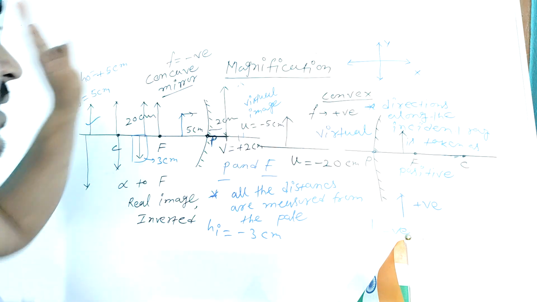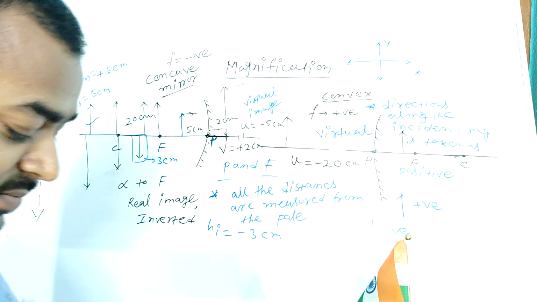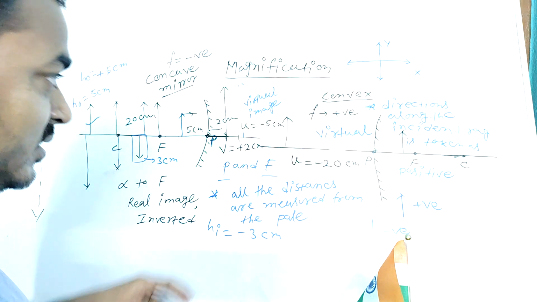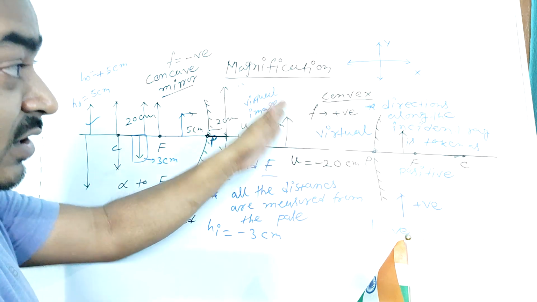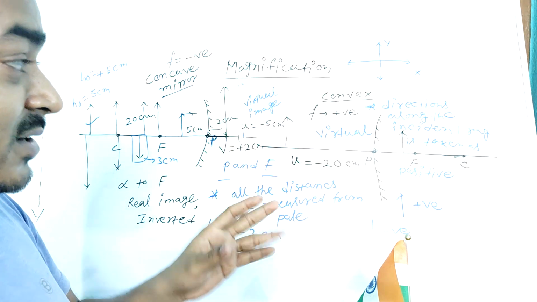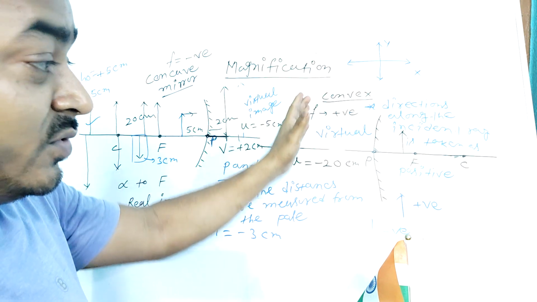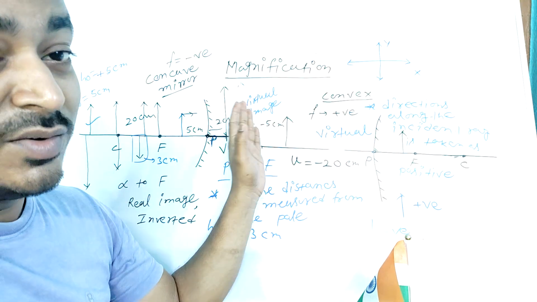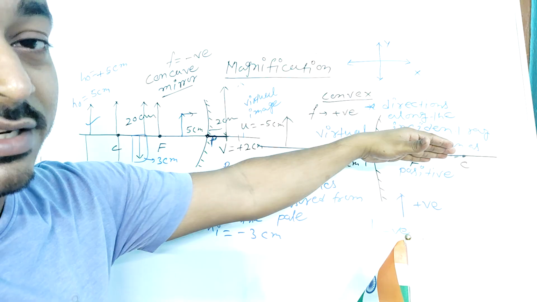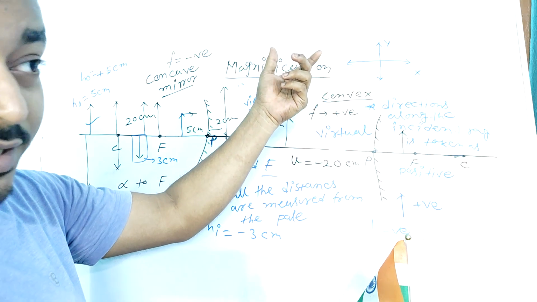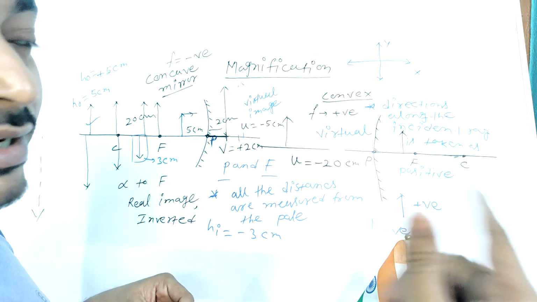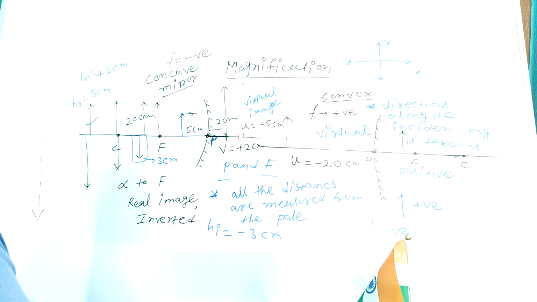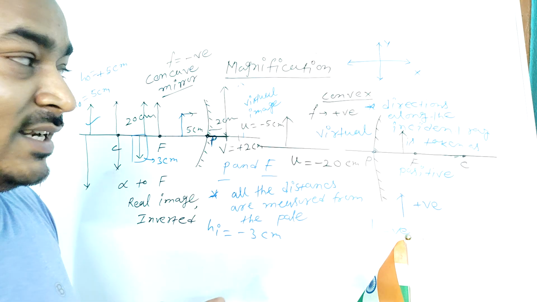For a convex mirror, the focal length is positive because it is along the direction of the incident ray. The assumption we are taking is: along the direction of the incident ray is positive, opposite to the direction of the incident ray is negative.